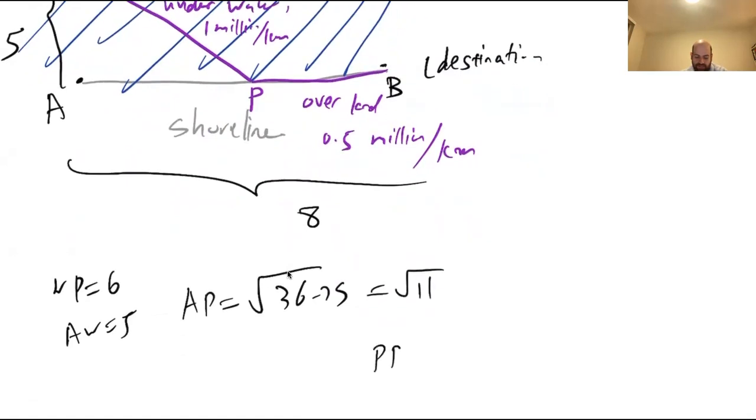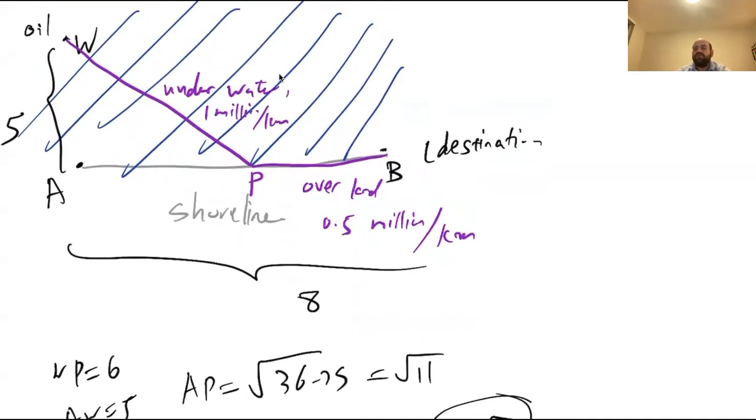Therefore PB will be 8 minus root 11. So 8 minus root 11, the whole thing times $0.5 million, because each kilometer will cost 0.5 million, plus $6 million will be the total cost if WP is 6.